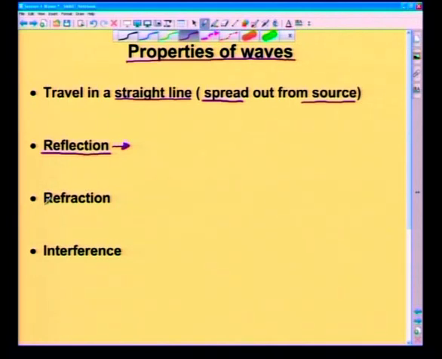And then we also have this property here called refraction. So waves can be refracted. What do we mean by this? Waves can be made to change direction as they move from one medium to another.